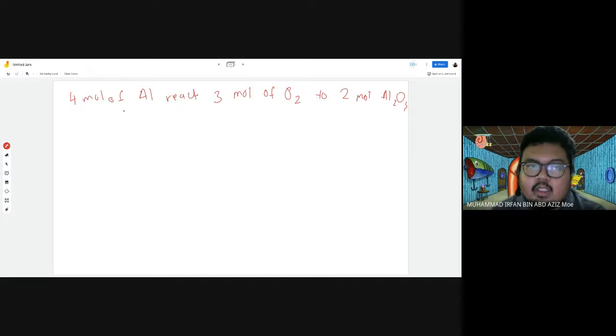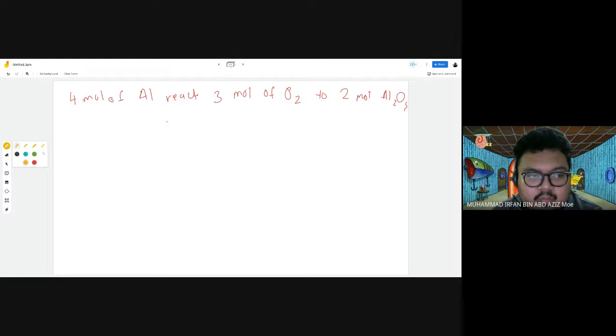So, macam mana kita nak kira, kita dah dapat dah. The real number of mole adalah 0.2 mole of Al. Sekejap, saya tukar color lain lah, bagi senang nampak. Yang dah calculate tadi tu, you get 0.2 mole of Al.